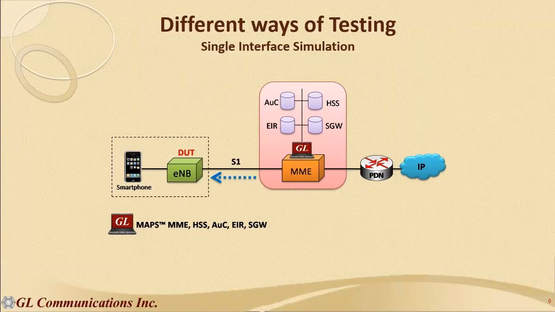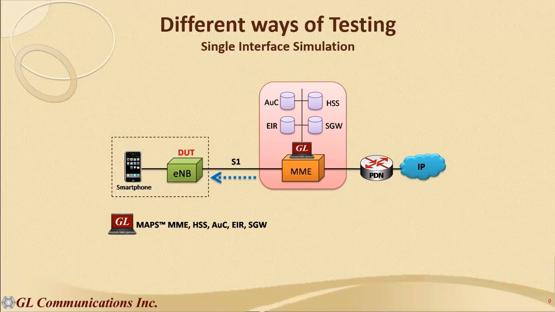Next we'll go to different ways of testing. We'll see how it can be used in different ways. There are possibilities where we have a single interface and need to simulate complete network functions. In that case, a single interface MME can also simulate HSS, EIR, and AUC functions. All these modules are embedded within the MME.